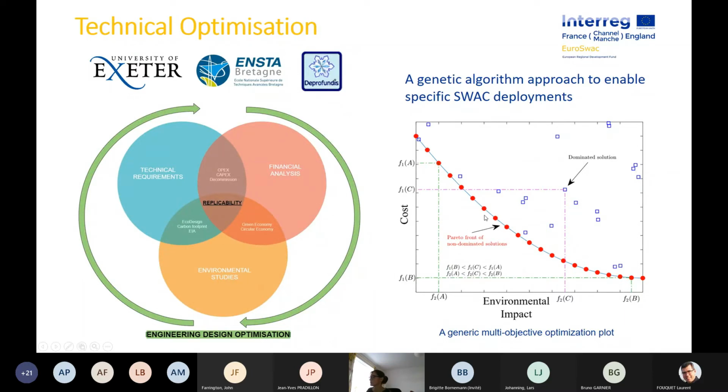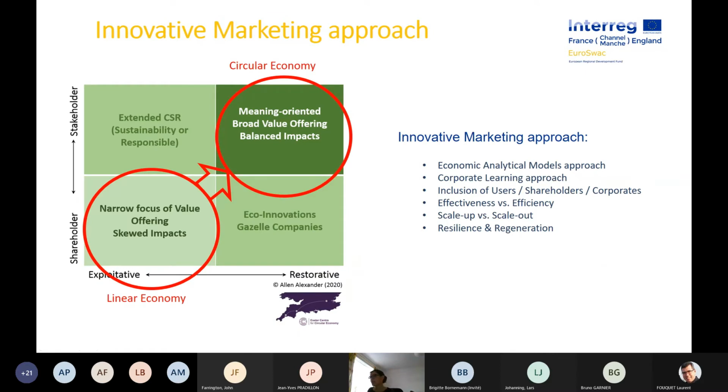So we have those solutions here on this line, those red dots, and the golden solution will be somewhere in the middle, and it will be up to the stakeholders, shareholders, to decide when they want to move forward with the project.